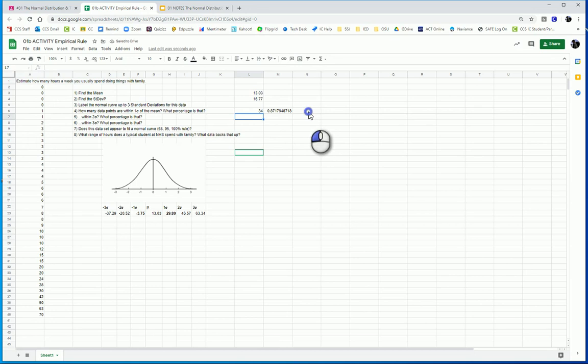Well, does 87% really fit our empirical rule? It should be 68%, so it doesn't fit the empirical rule for 68%.